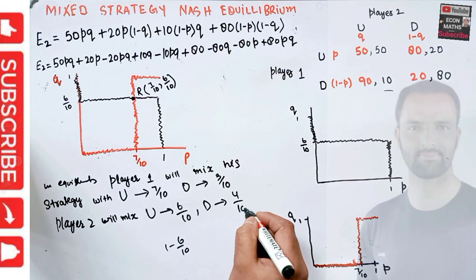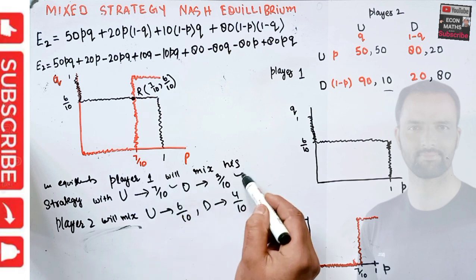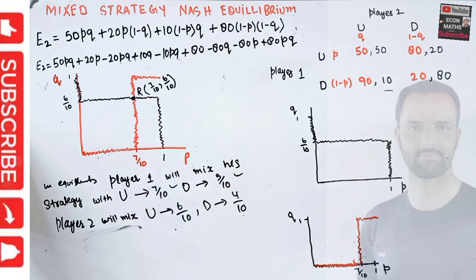So the mixed strategy Nash equilibrium will be that player 1 chooses up 7 upon 10 and down 3 upon 10. These are the mixed strategies for player 1 and player 2, and this intersection of best response curves gives us the mixed strategy Nash equilibrium for the two players.